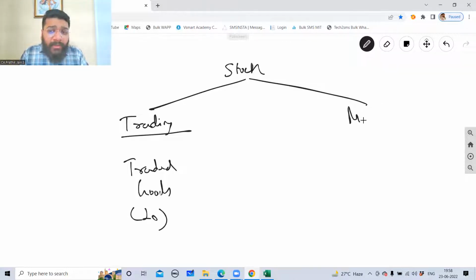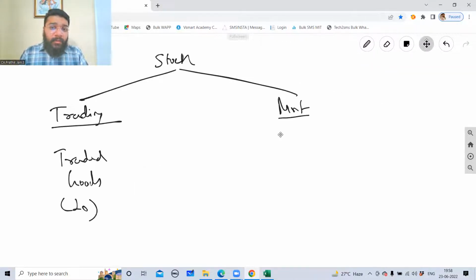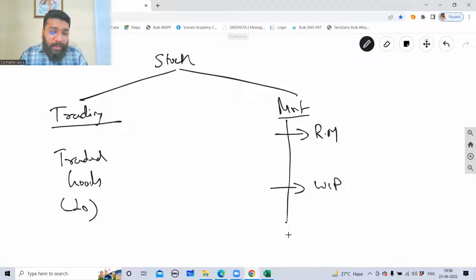If you're a manufacturing concern, you know that there are three stages. One is the raw material stage, one is the work in progress stage, and another is the finished goods stage. Raw material examples are flour, condensed milk, essence, chocolate.